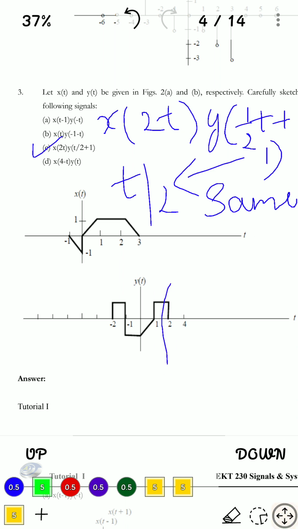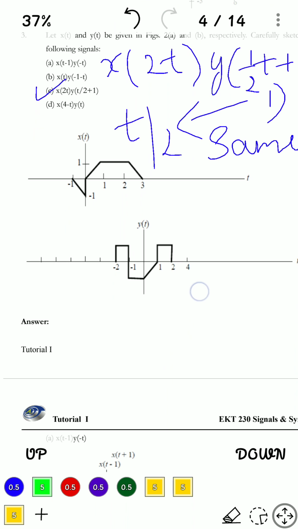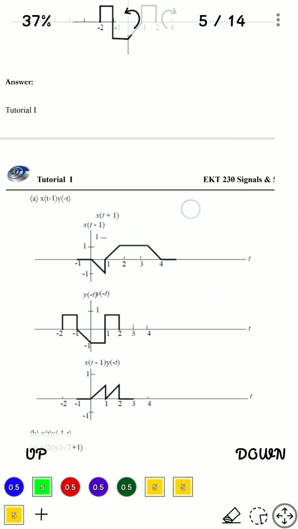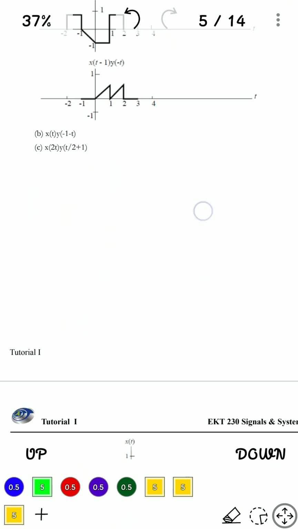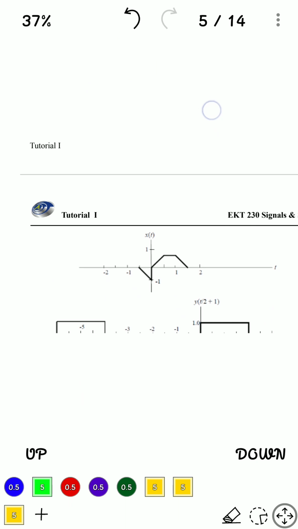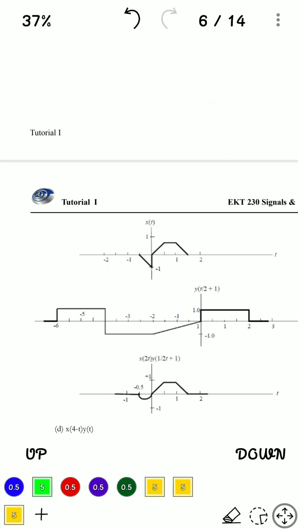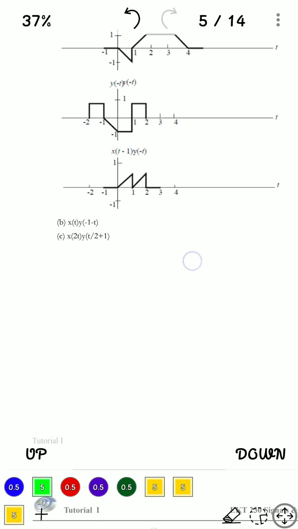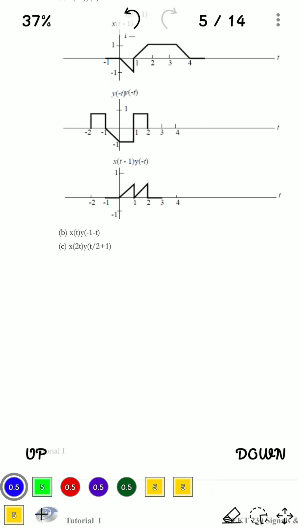So now let me start with my question. Observe the question carefully. This is the question, and now let me come to question number 3, and the answer is over here. In question number 3 you can see that the first part is x of 2t.